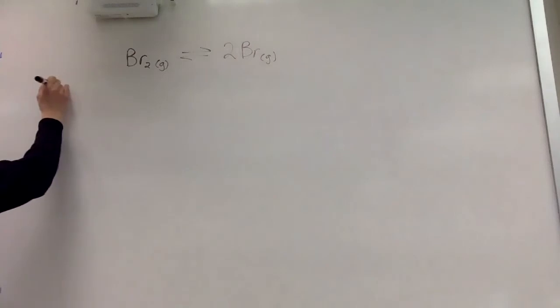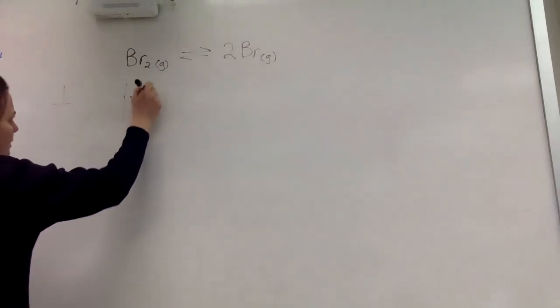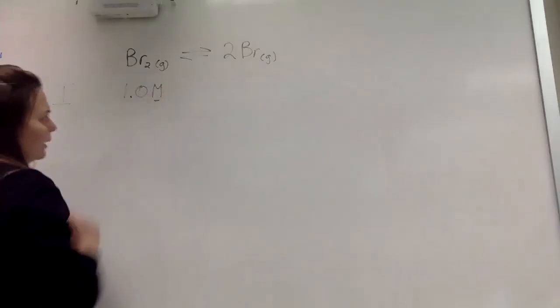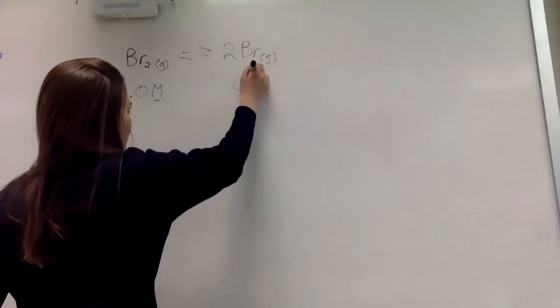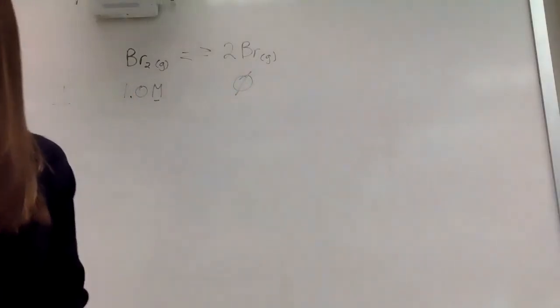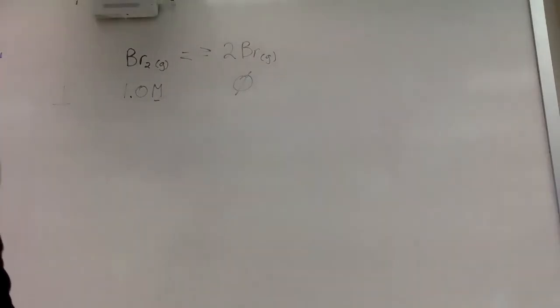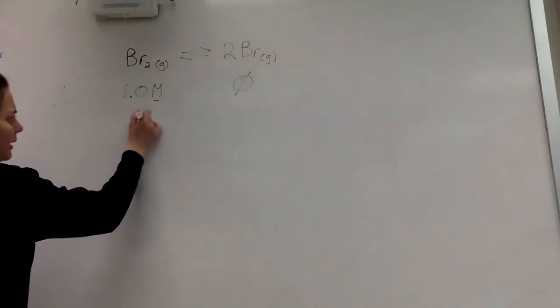Okay, so our initial concentration of bromine we know is 1.0 molar. And we know that our initial concentration of the bromine atoms is 0. Now, we also know that this is going to go down by x.